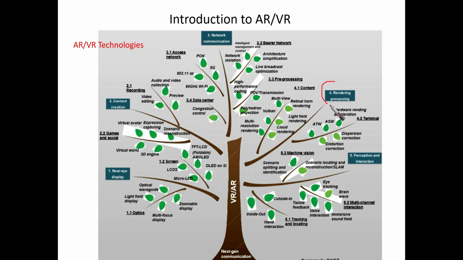Then rendering and processing is one of the very big things. Do you know what rendering is? When you look at, let's say, a 3-minute or 4-minute video coming in front of you on your screen, what is the color of each pixel, what is the color of the next pixel, what is the frame, what is the environment, how does the light interact?